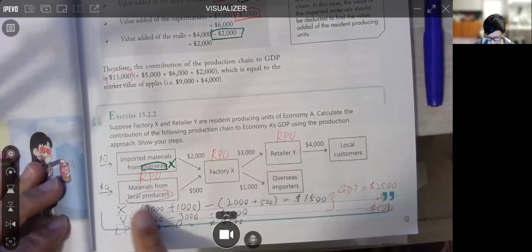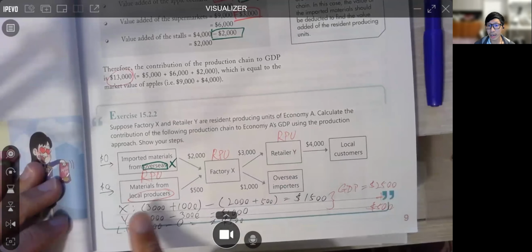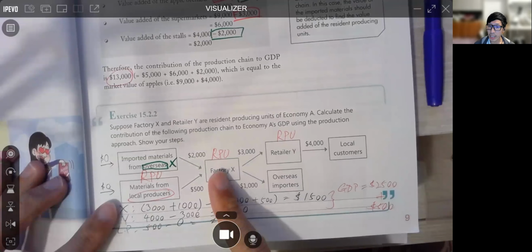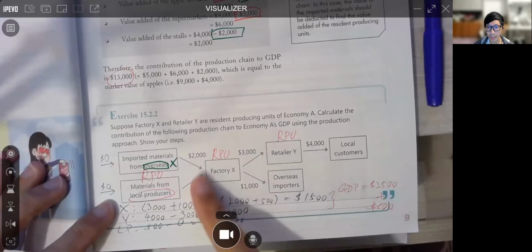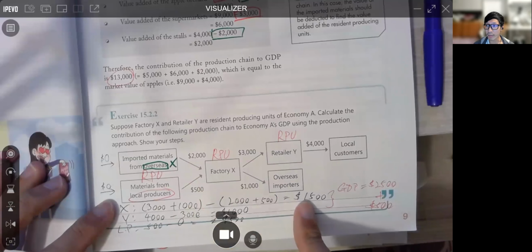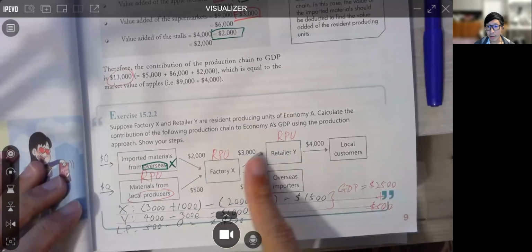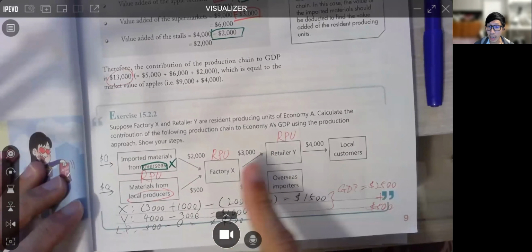Due to time, we went through this earlier in class. So let's calculate each of them. Factory X output 3,000, minus 1,000, minus 2,500. So we get 1.5K. Then retailer Y 4,000 minus 3,000.